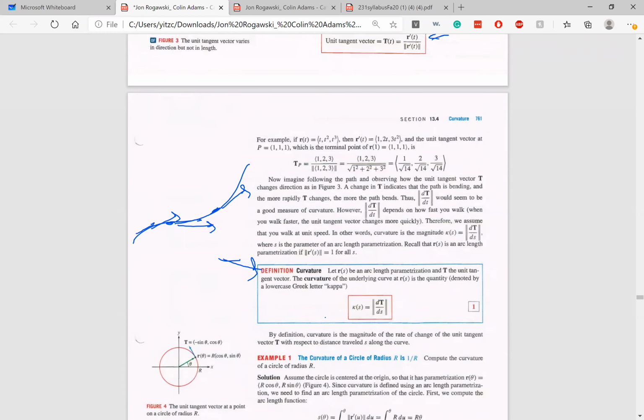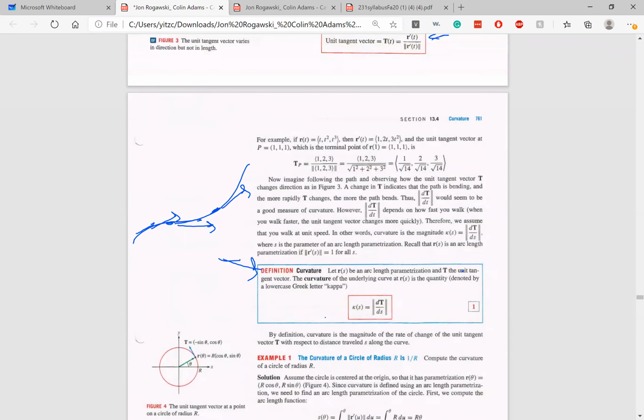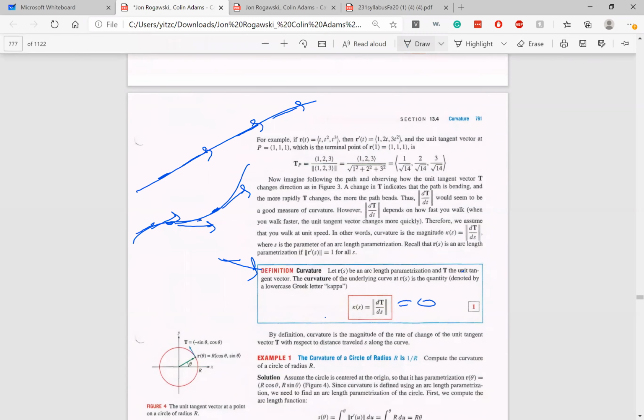That's going to give you your curvature, which makes sense. It pays attention to how the tangent vector is changing, and that change tells you how curvy something is. If you're on a line, the tangent vector always goes in the same direction. So as you move s, your tangent vector does not change, so this would be equal to 0, and your curvature would be 0.